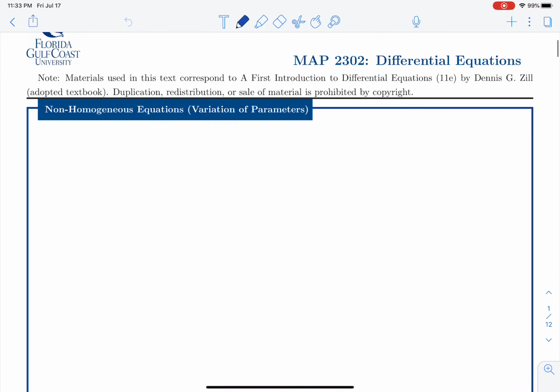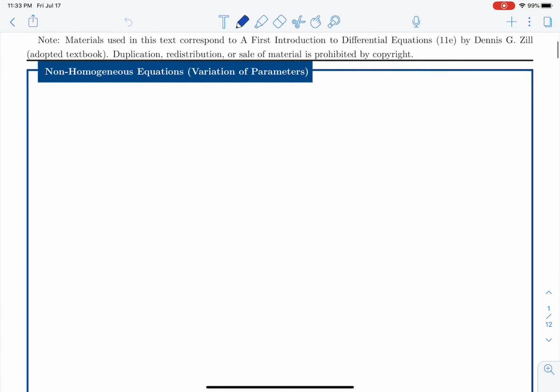As I mentioned, we are going to consider a second order non-homogeneous differential equation first, and then we can move on to a third order differential equation, and that would be good enough.